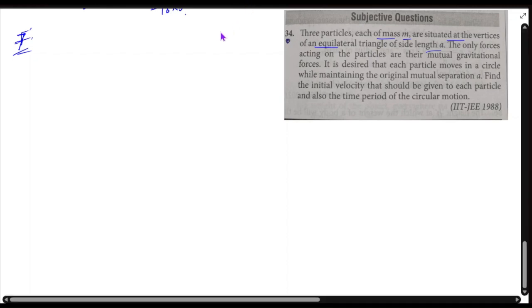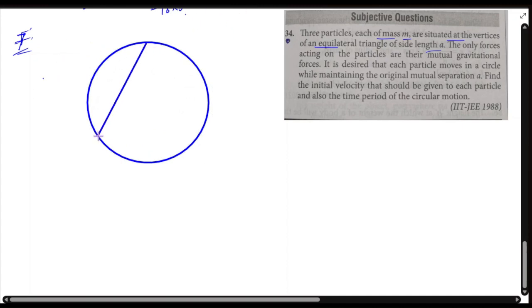So we have a circular path, right? And we have these three particles like this, right? So we have these three particles.